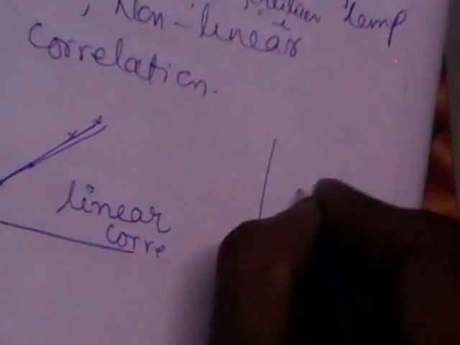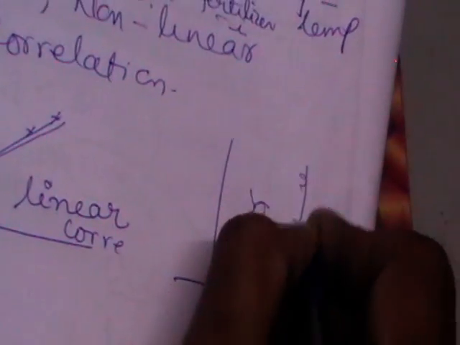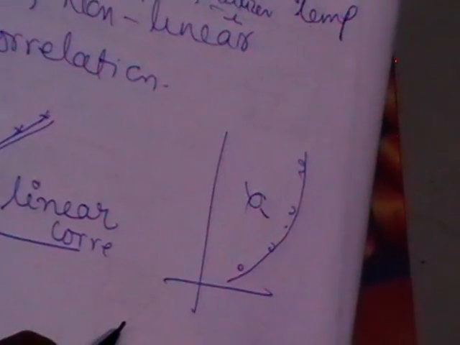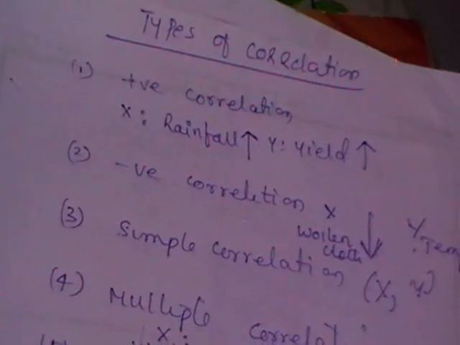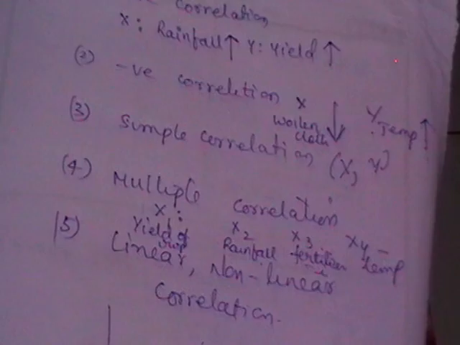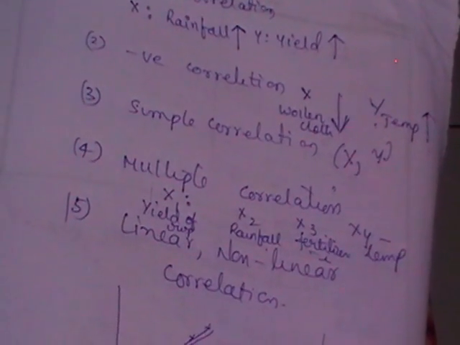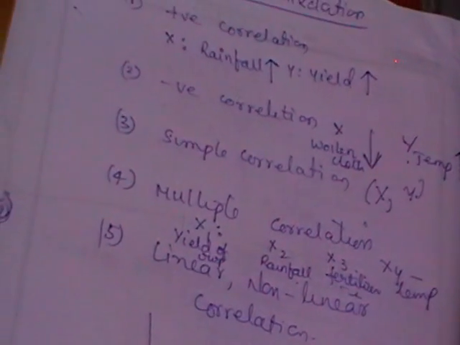Unlike that, if the points plotted show a curve, we call that a nonlinear or curvilinear correlation. So we have discussed the types of correlation: positive correlation, negative correlation, simple correlation, multiple correlation, linear and non-linear correlation.